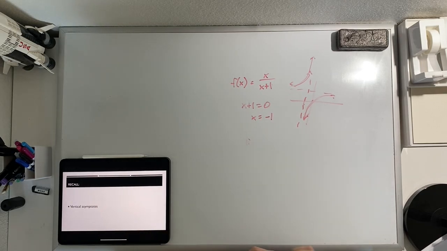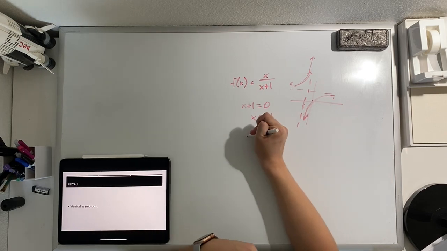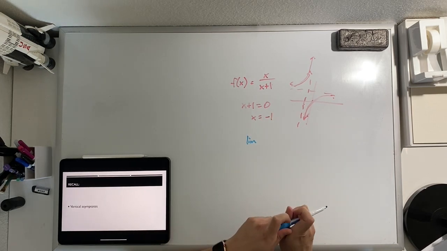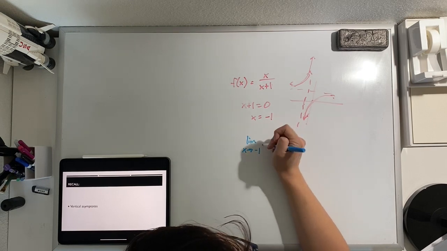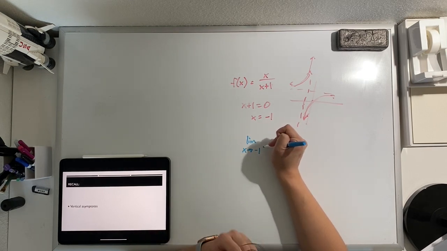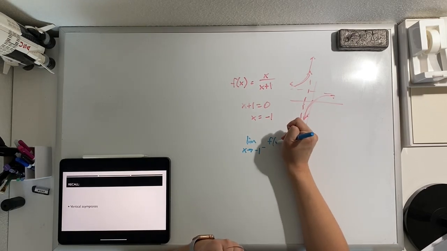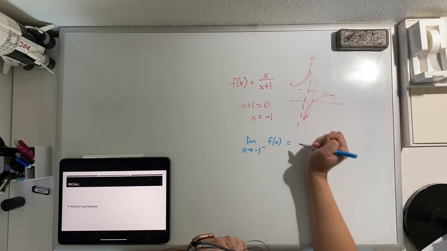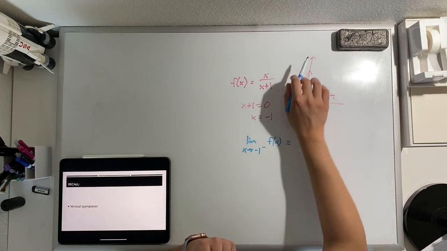I think it's time to retire that marker. We have the limit as x approaches -1 from, let's say, the left, so that's the little negative in the exponent, of this function f of x equals, from the left, what are we getting closer to? What y value are we approaching?